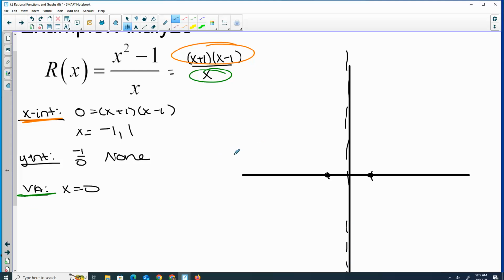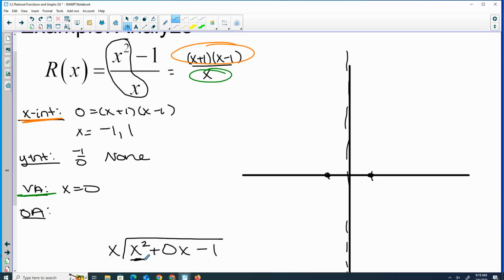Okay, now we have to decide horizontal or oblique. When I look at this, if we do x squared divided by x, we still have an x left, right? So that means this one's oblique. We have to do the long division. If you need a placeholder, you can put a 0x here. We're just dividing by x.